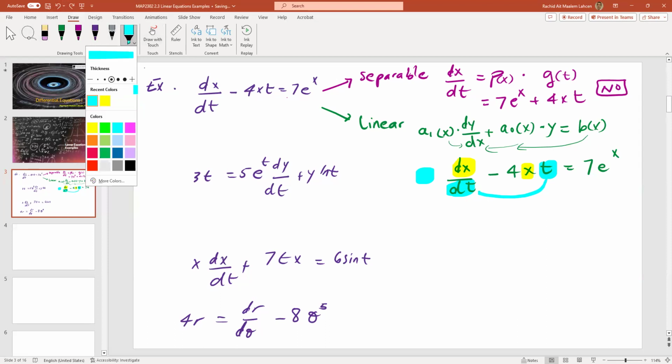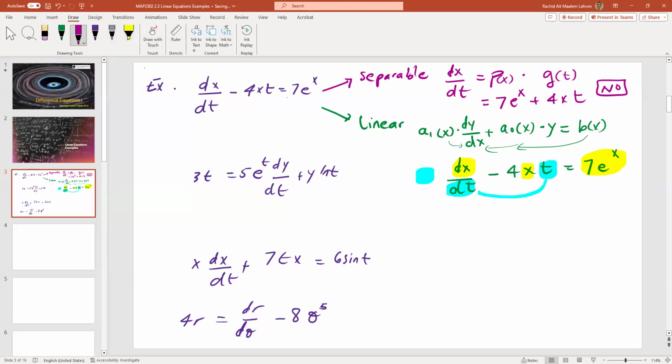So you can see what's going on. All right, so if I have the independent variable to be t, then this should be a function of t, right? And that makes it not linear.